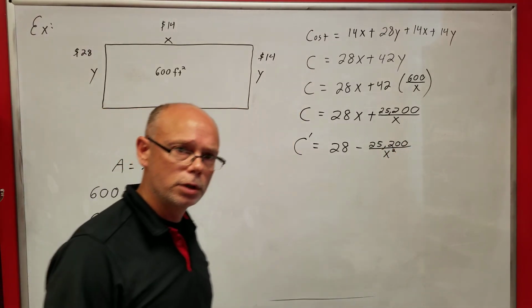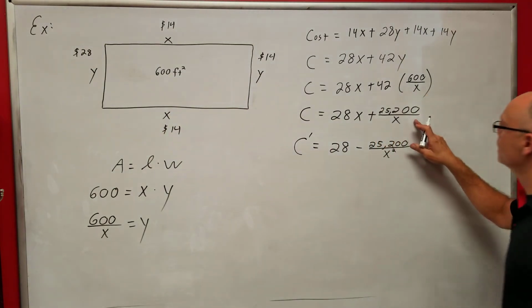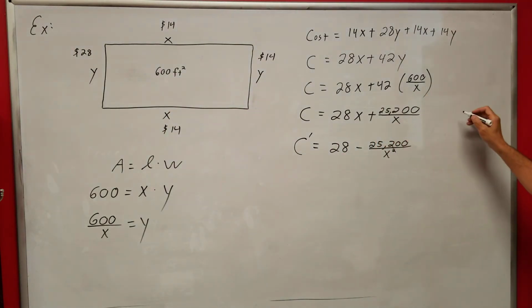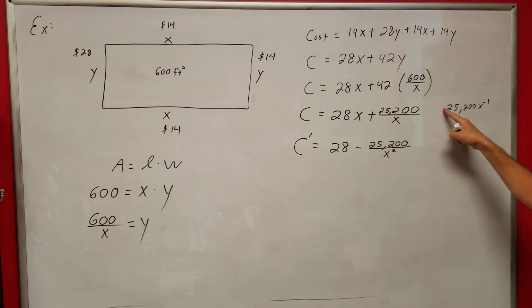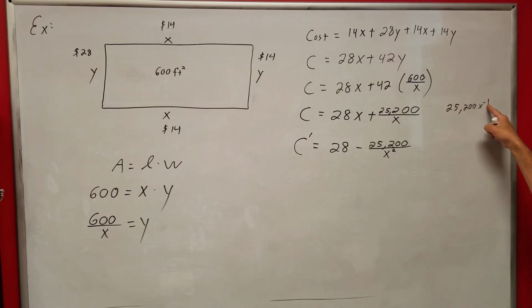Instead of using the quotient rule right here, all I did was, in my head, bring X to the side. Then this term would be 25,200 X to the negative 1, right? Then I used the power rule, and that makes the exponent negative 2, and then we bring it to the bottom. If you're not comfortable doing that, use the quotient rule then.